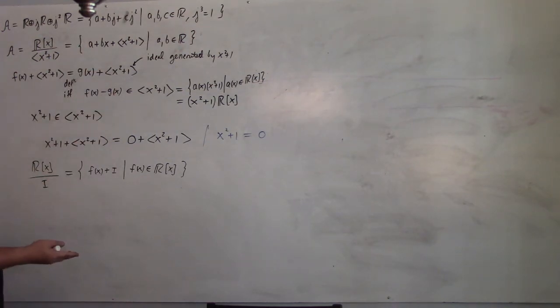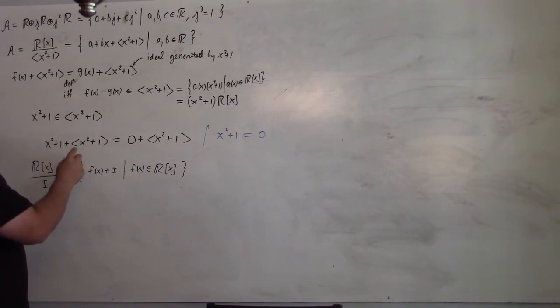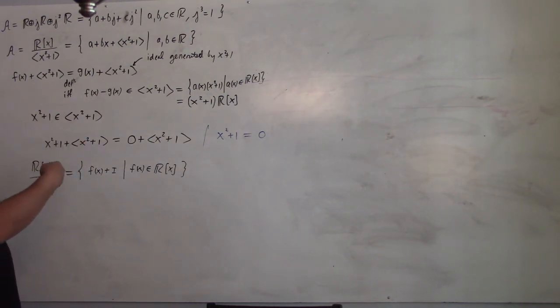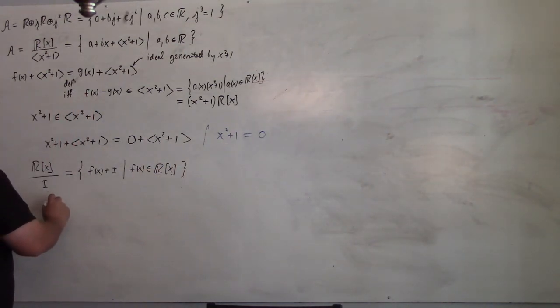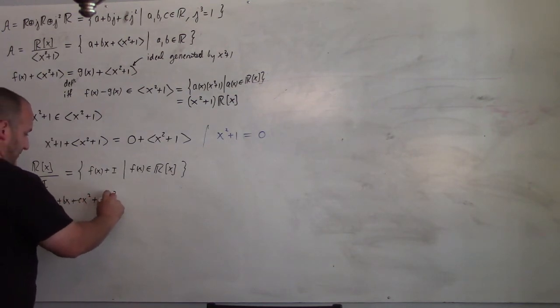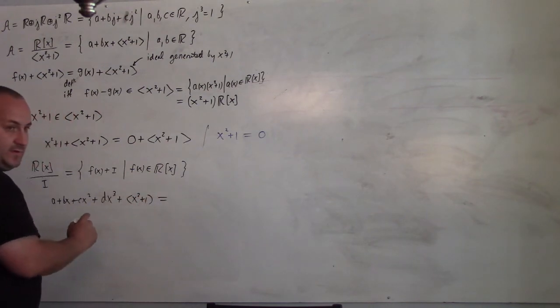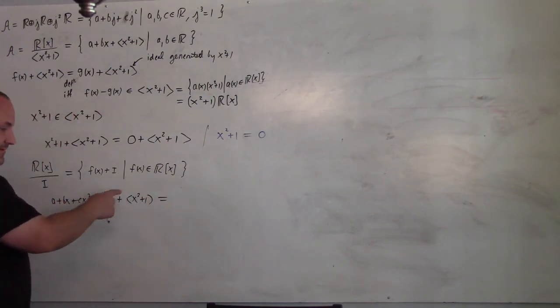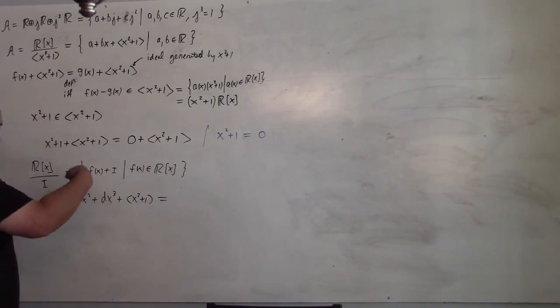The reason I could do that is because in the ideal, in these objects, I can replace x squareds with -1. So if I have a plus bx plus cx squared plus dx cubed plus the ideal, I can trade x squareds for -1 and x cubes for -x.